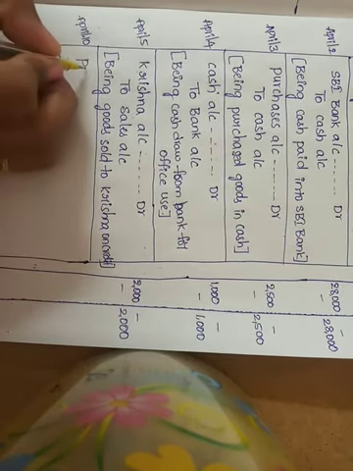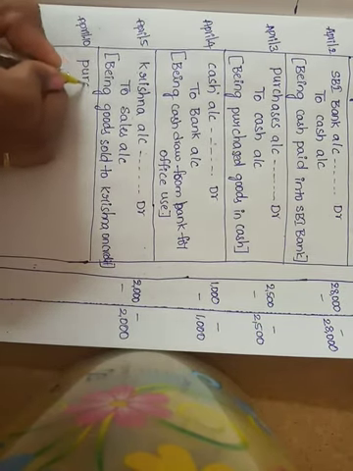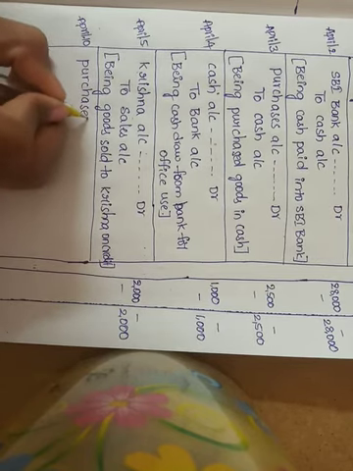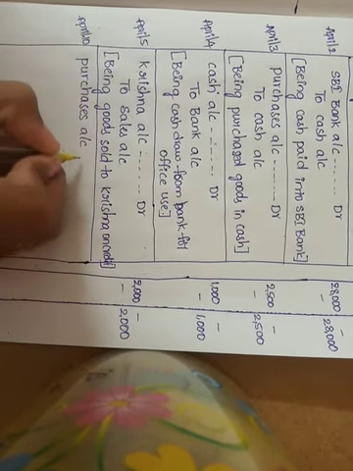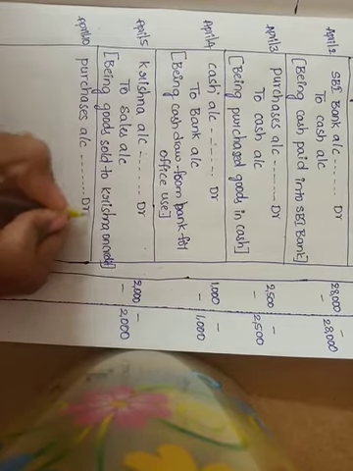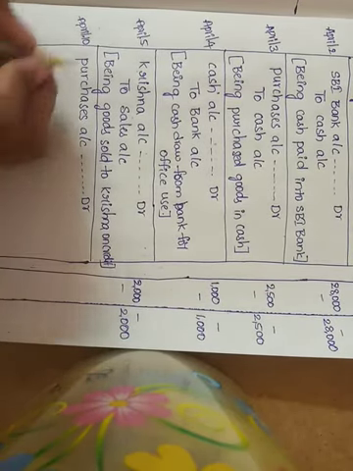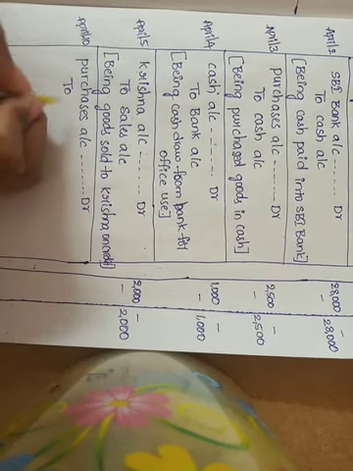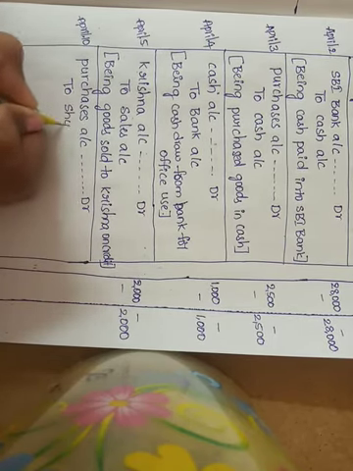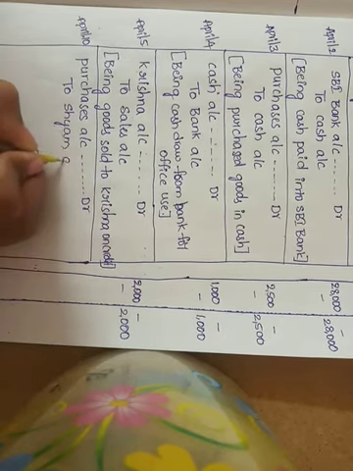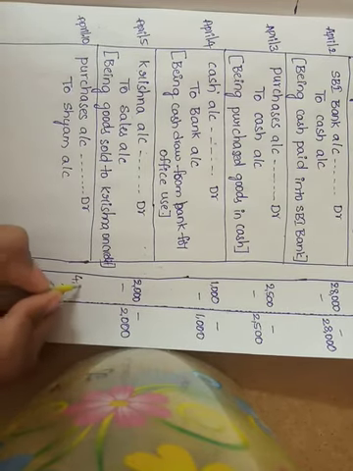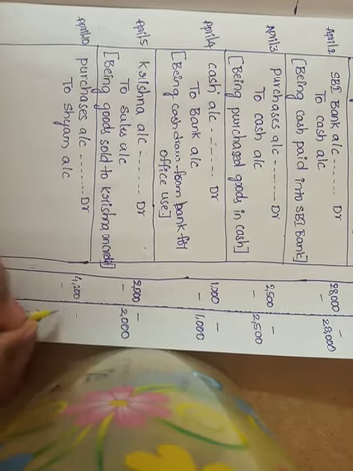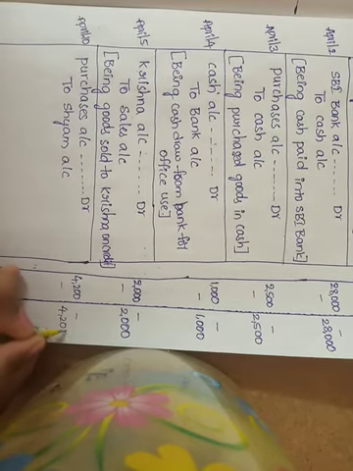So that entry is purchases account debit to Sham account. Amount of rupees is 4200.